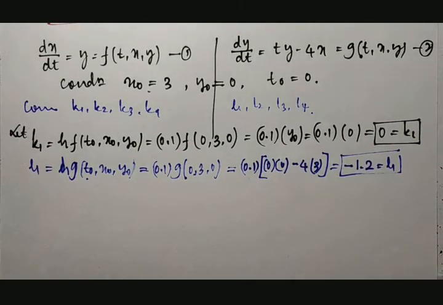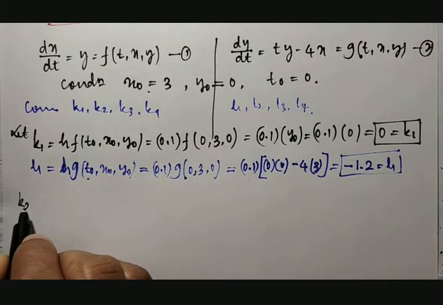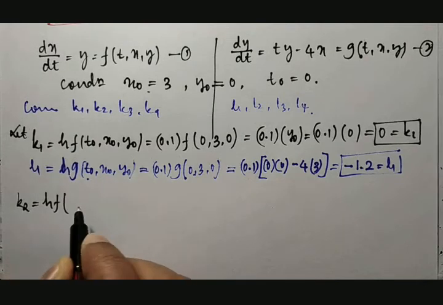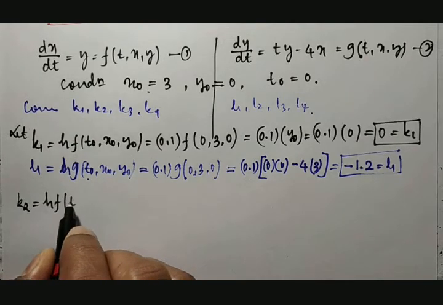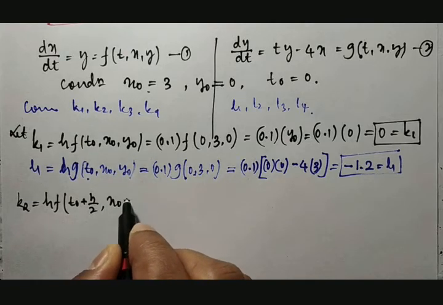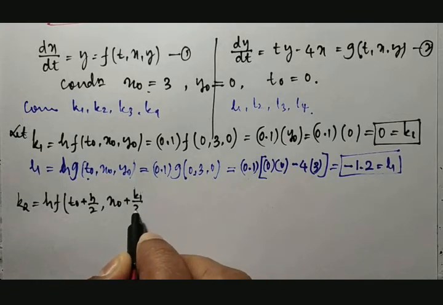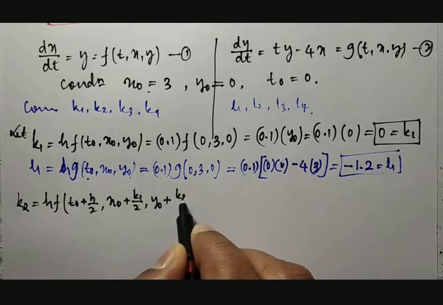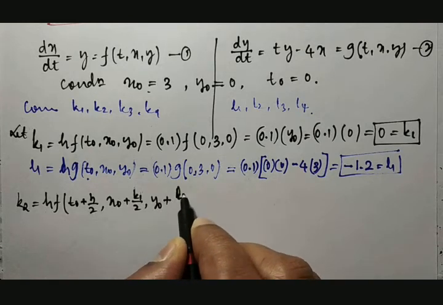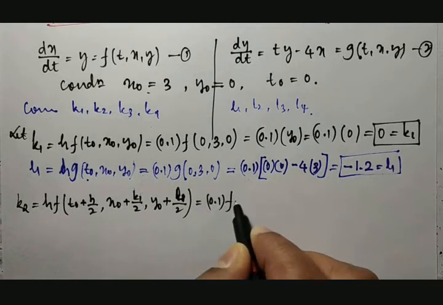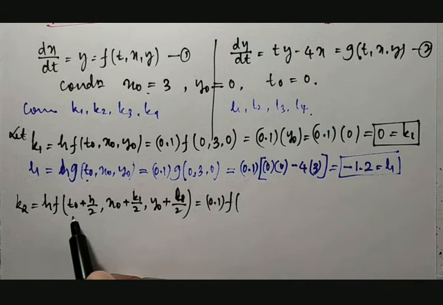K2, L2 set. So K2 is equal to, what is K2? H into f of t0 plus h by 2, comma, x0 plus k1 by 2, comma, y0 plus L1 by 2. That is 0.1 into f of t0.